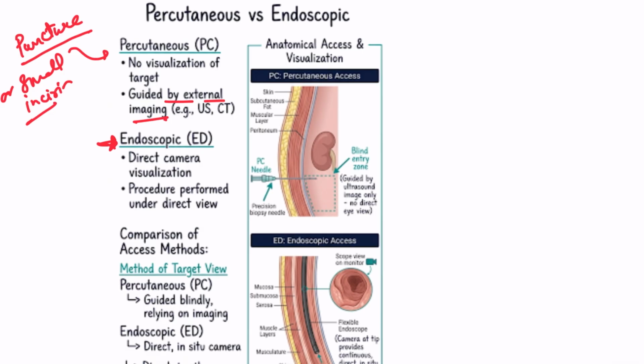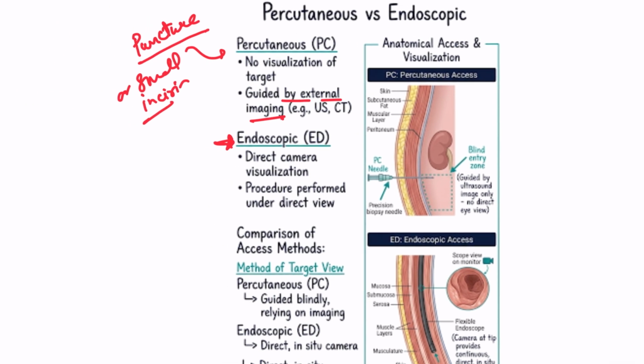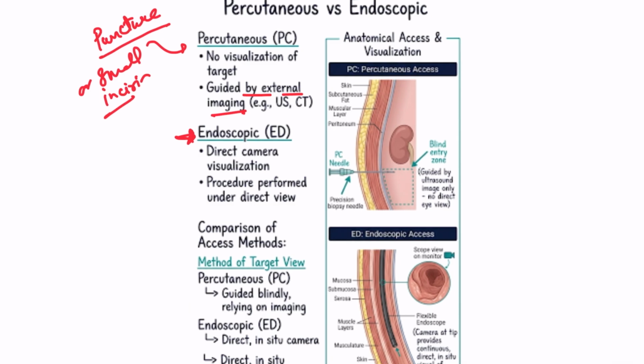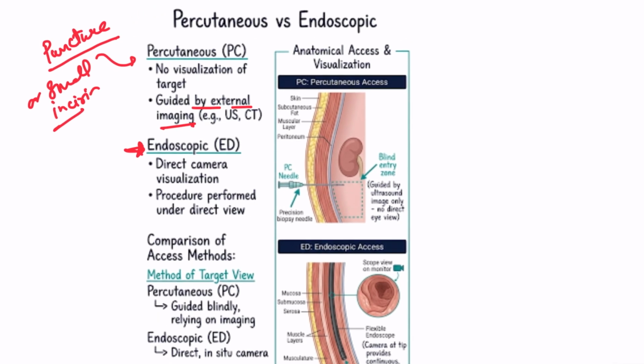So now we have three situations: direct visualization, open; no visualization, percutaneous; visualization through a device, endoscopic. Think of laparoscopy, small incision, camera inserted, the surgeon not opening the body, but able to see the structure through a screen. So this is not open and not purely percutaneous.